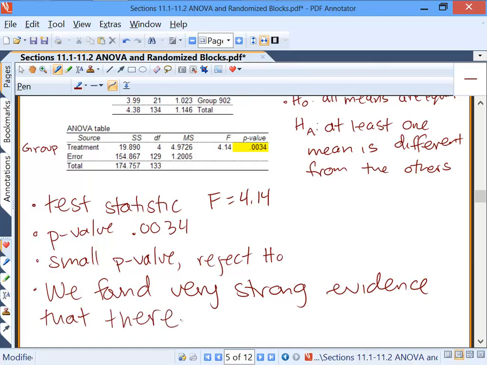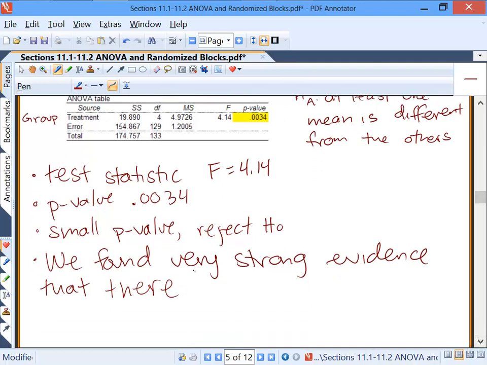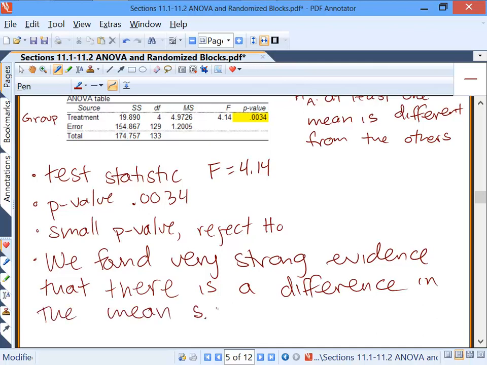That's long. It is long, which is why I was also talking about showing if I'm running it up here, but there is a difference in the mean social attractiveness score based on which group they're in.